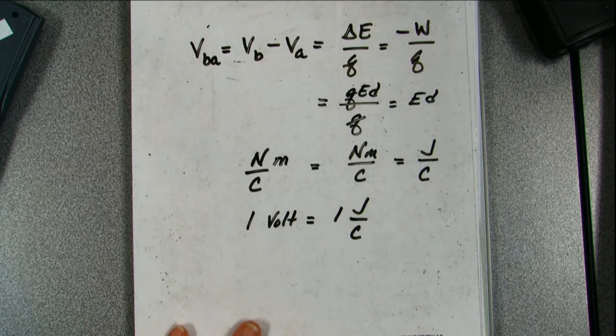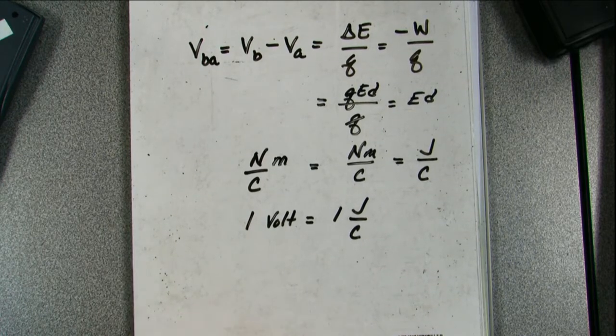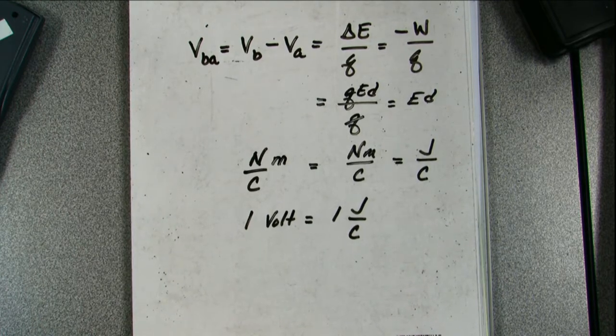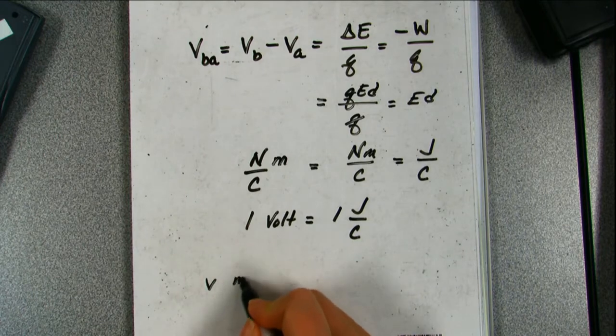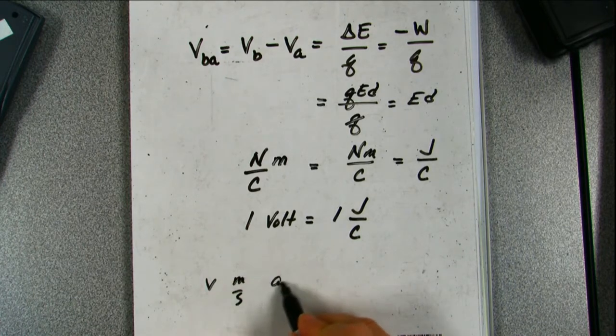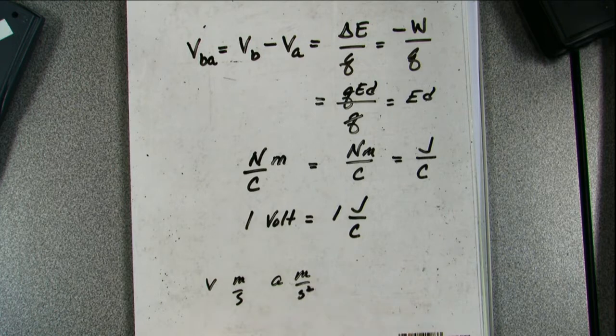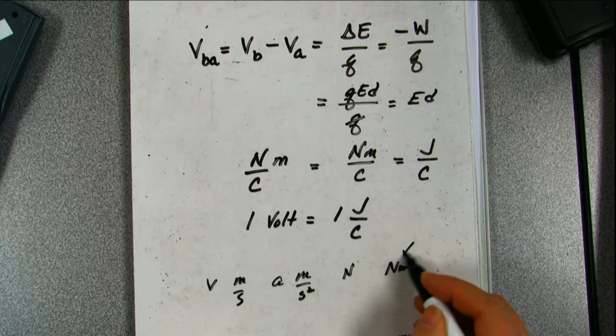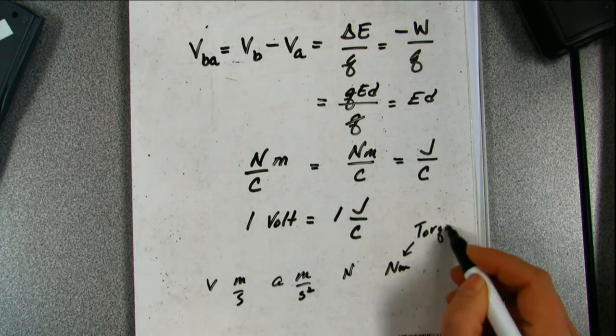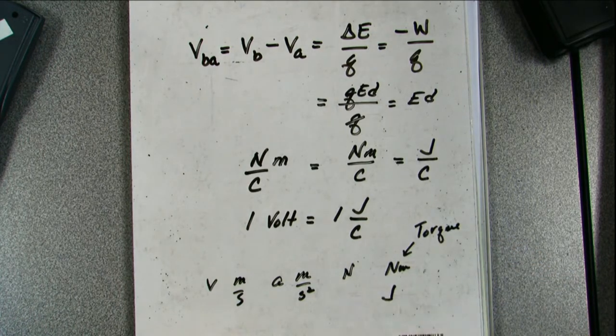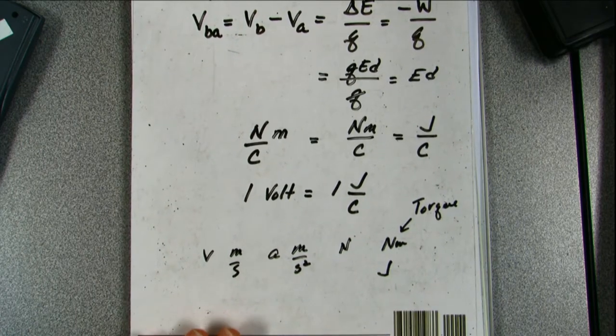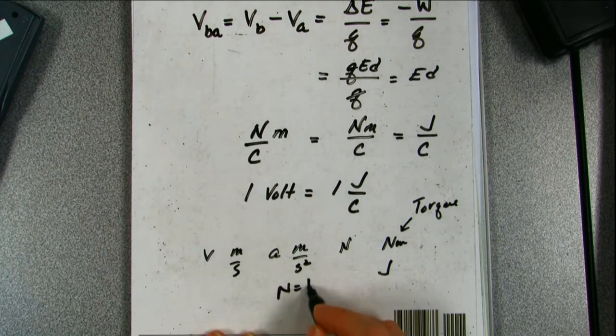All right, so I probably beat it into you figuratively all during Physics 1. That if I've got a velocity, it better be in meters per second. And if I've got an acceleration, it better be in meters per second squared. And then I had newtons, and then we had newton meters for when that was torque. And we had newton meters becoming joules, and newtons were kilogram meters per second squared.